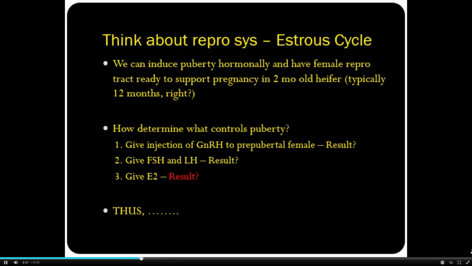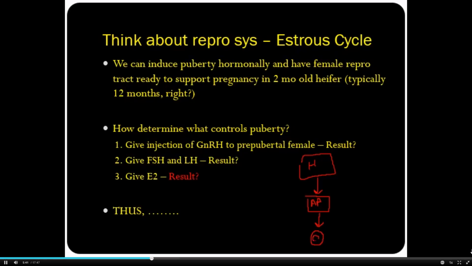Just really quick, if you want to draw, remember we've got the hypothalamus. I'm just going to put an H there. It produces GnRH. That's going to have an effect on our anterior pituitary, and that's going to release FSH, LH, and then that's going to affect our ovary. So here's our ovary.